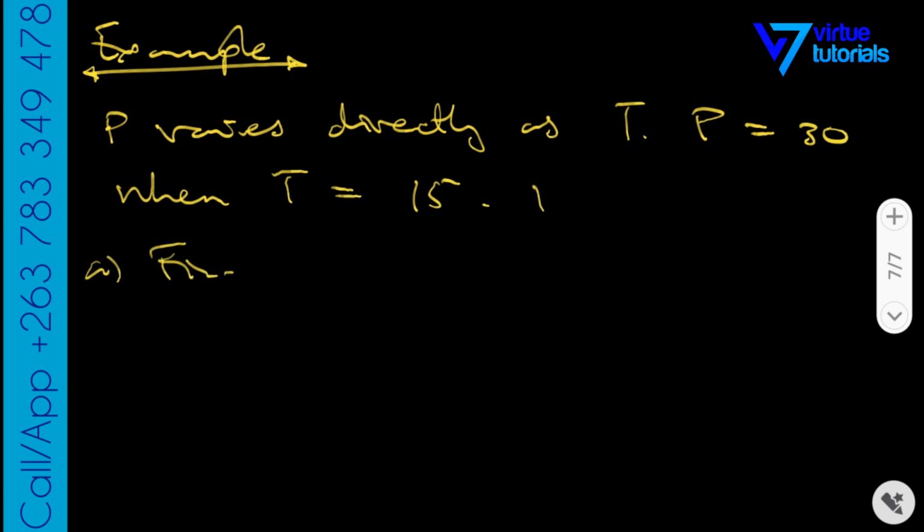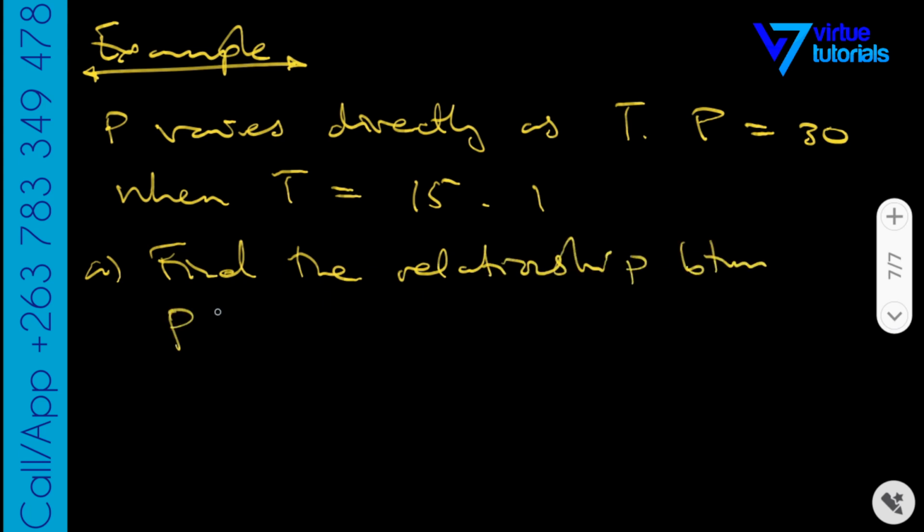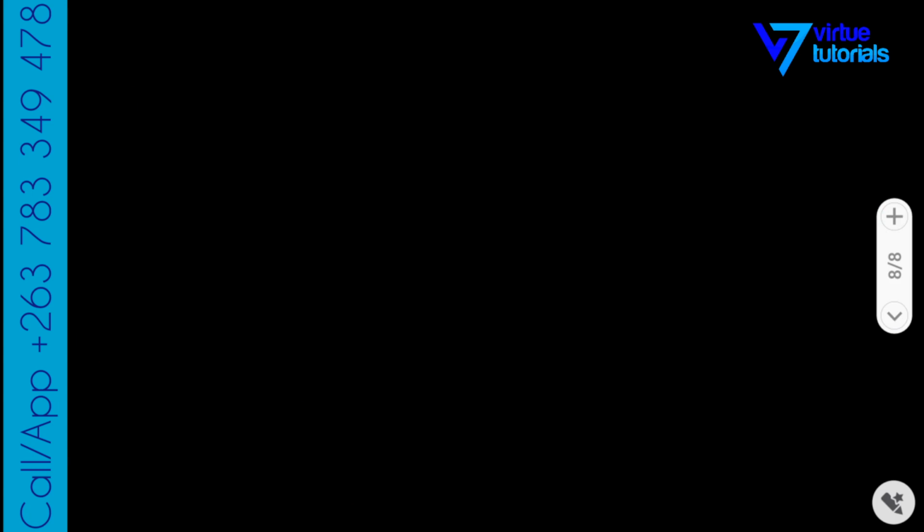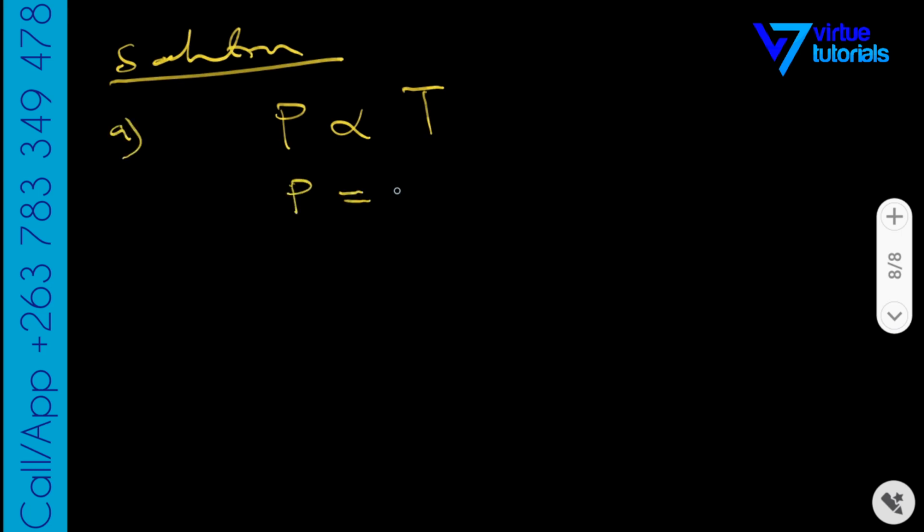A, find the relationship between P and T. B, find P when T is equal to 4. Okay, so let's go through that. Our solution is simple. We know that P varies directly as T. Therefore, P is equal to KT, where K is our constant.